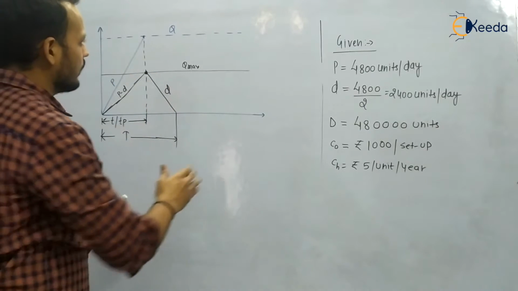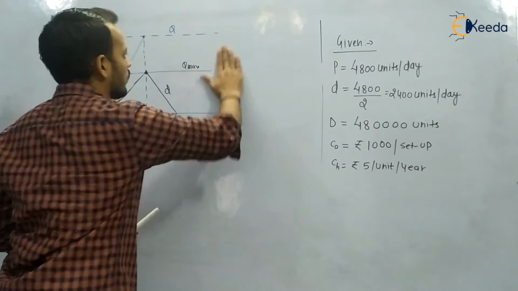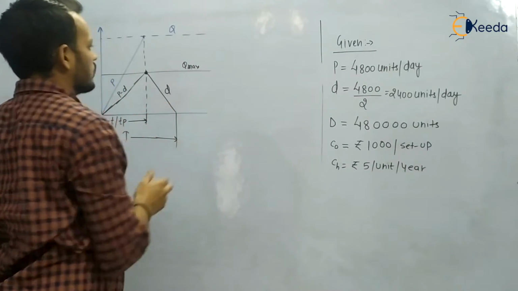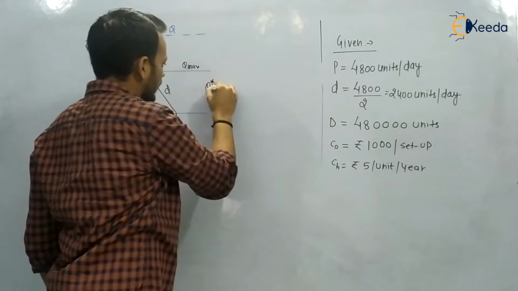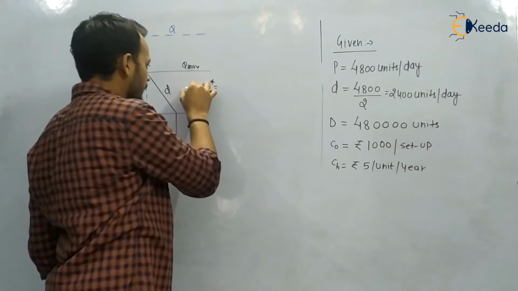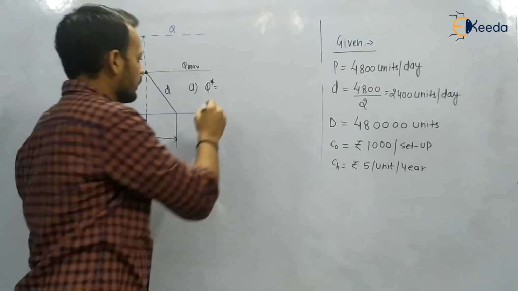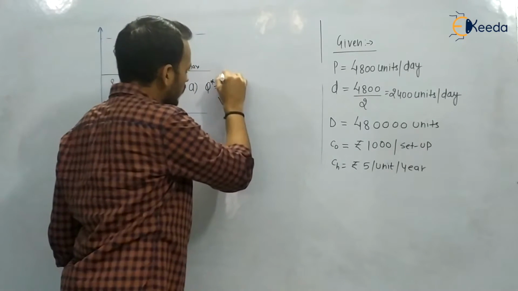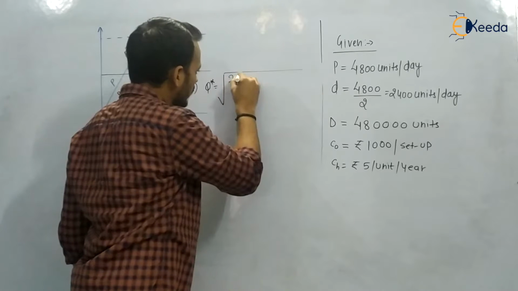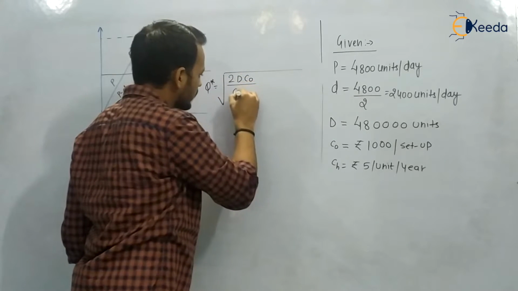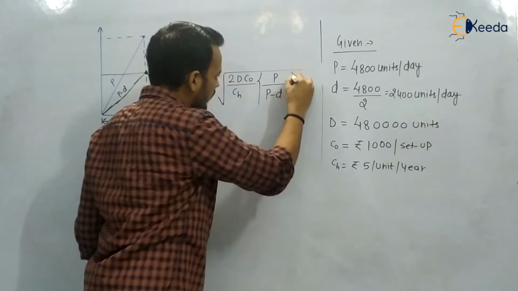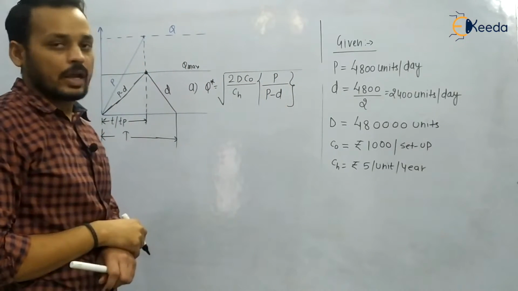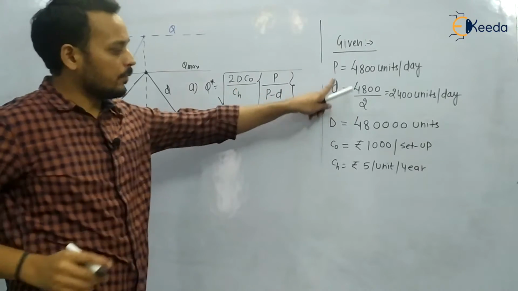First they are asking to find Q star, the optimum lot size. The formula we have derived is very simple: Q star equals the square root of 2 D C naught by CH into P upon P minus d. We will put in everything that has been given.